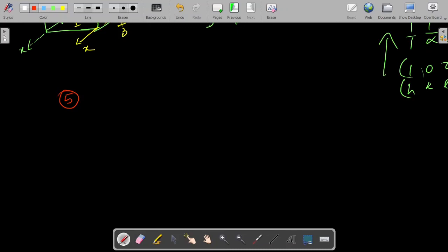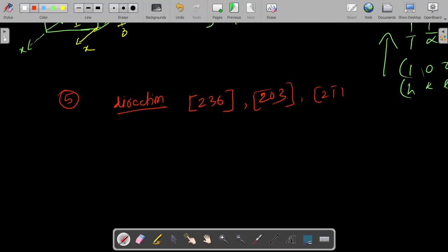Draw the directions. So now we are having directions to draw. Earlier we have drawn the plane. Directions having Miller indices or HKL values 236, 203, and then 2 1 bar 1.